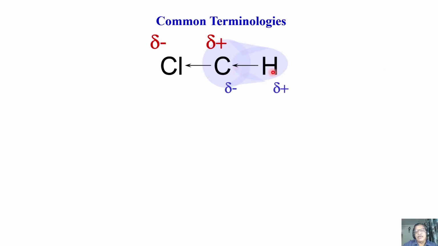Cl-CH. Let us say there is a CH bond where a chlorine is attached to the carbon. We all know the bond polarity, we can write this as delta minus and this as delta plus. The chlorine, being electronegative, is going to withdraw charge from this carbon. It withdraws electrons.